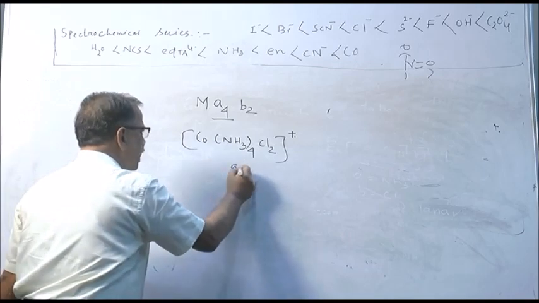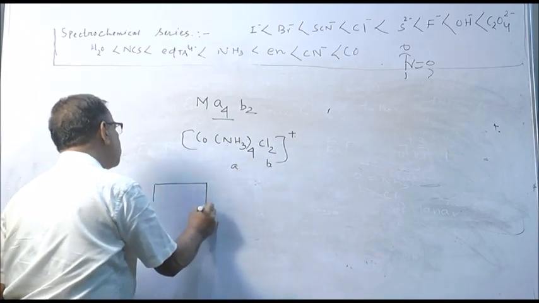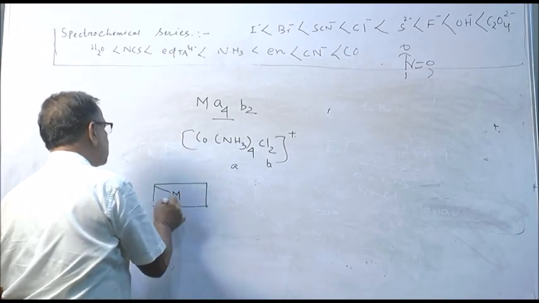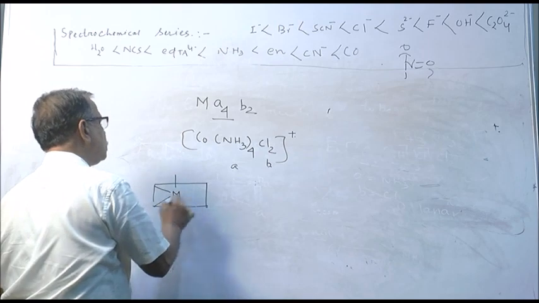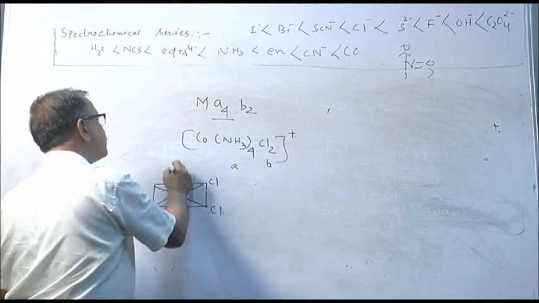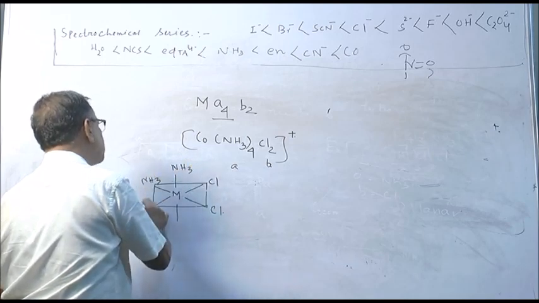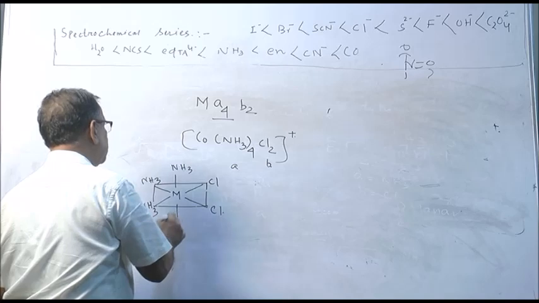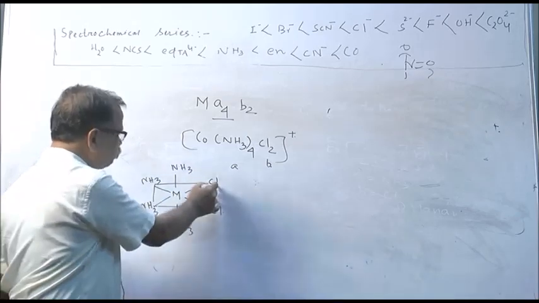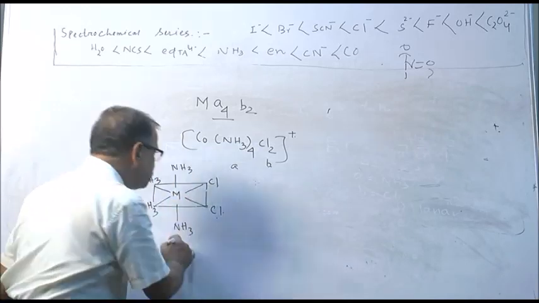So this is A and this is B. In this case we find here M, Cl, NH3, NH3, we get two forms, we get NH3. So these two chlorides remain one side and 4 ammonia remain on the other side, therefore it is called cis form.